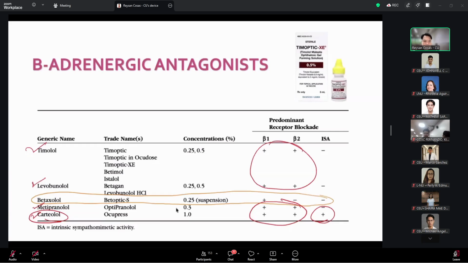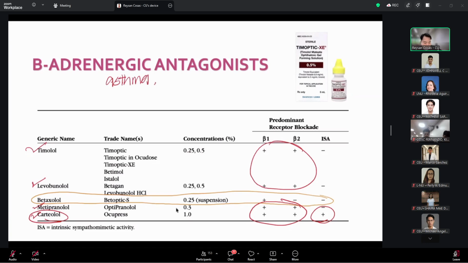However, taking the non-selective beta blockers could have systemic side effects such as shortness of breath. So this could be potentially disadvantageous for patients with asthma.